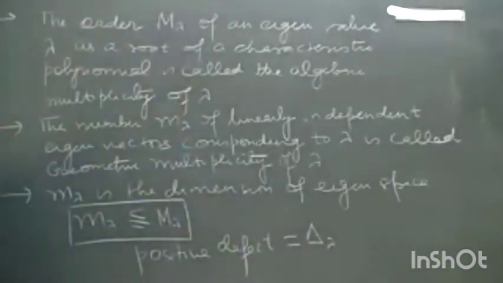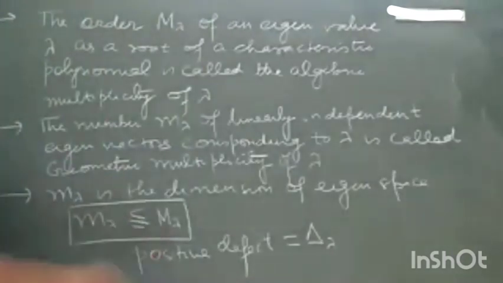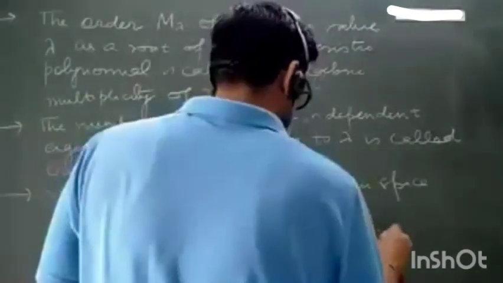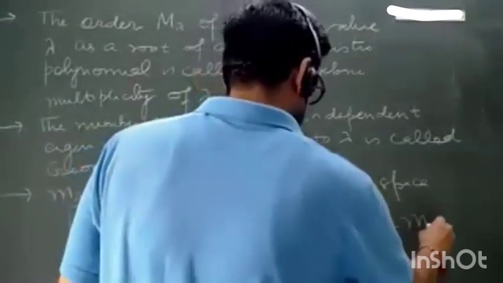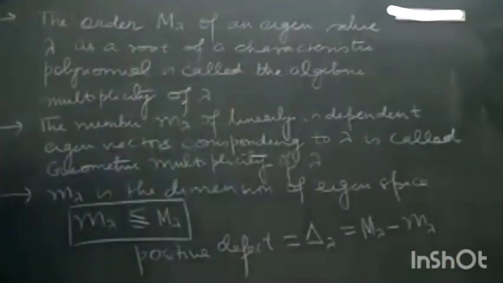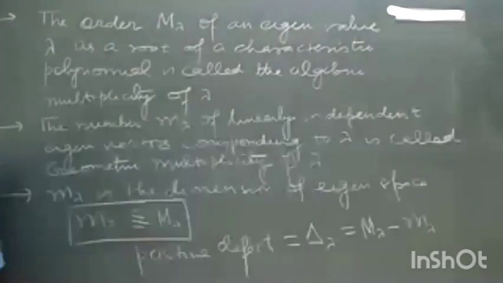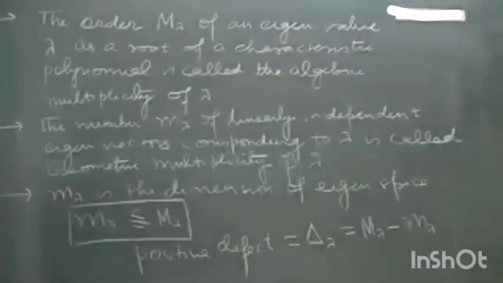Because capital M lambda is greater, capital M lambda minus small m lambda will be known as the defect.